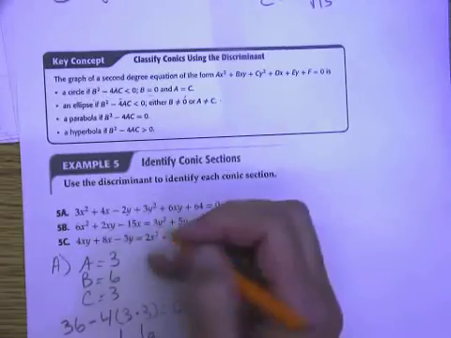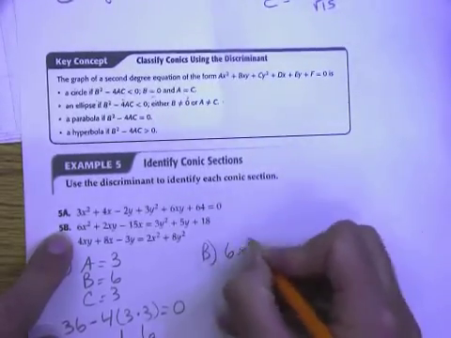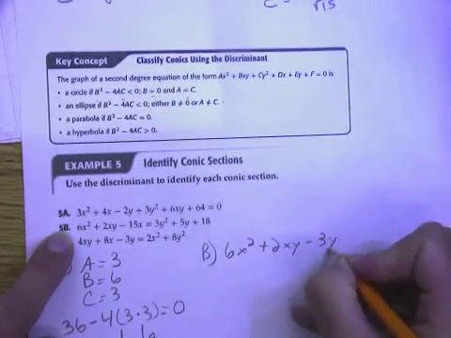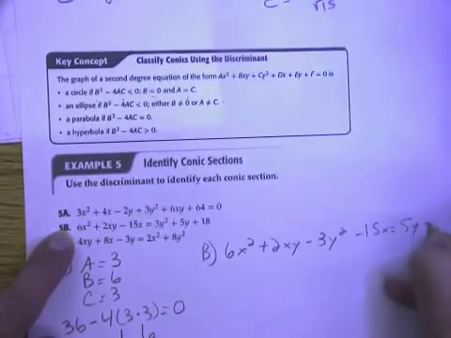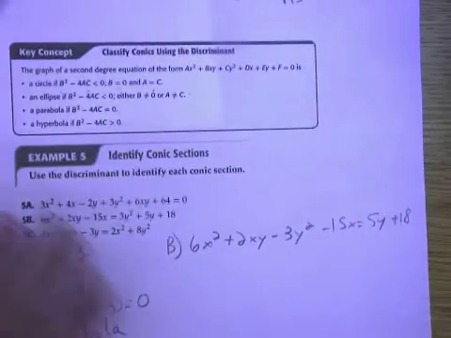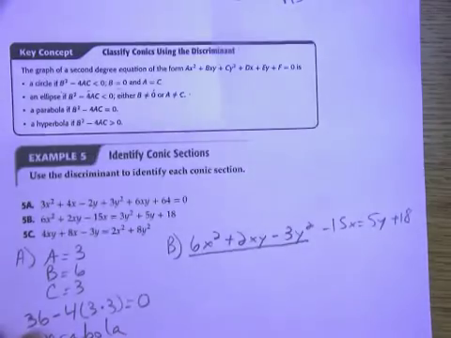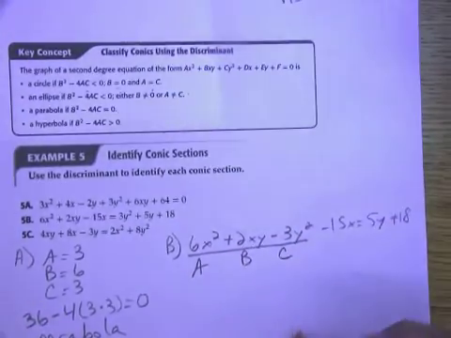For part B, this 3y squared is on the wrong side of the equal sign. I want it on the same side as this 2xy and 6x squared. So I'm just going to subtract it over and get 6x squared plus 2xy minus 3y squared minus 15x equals 5y plus 18. If you really, really wanted to, you could bring everything over to the left-hand side.